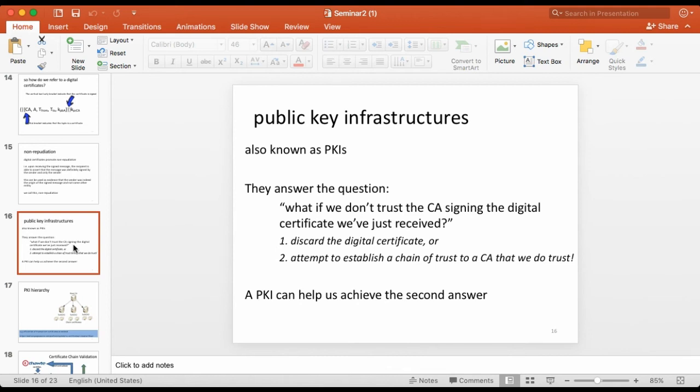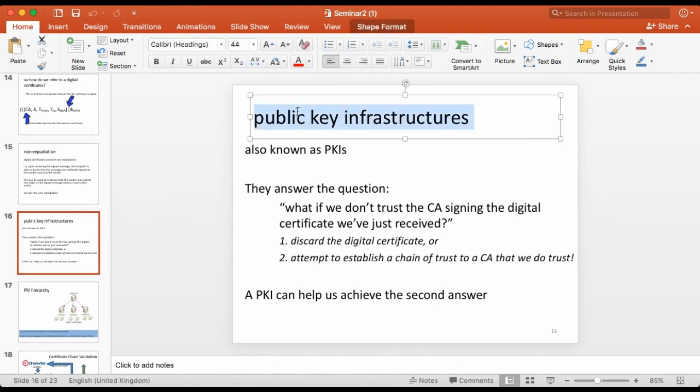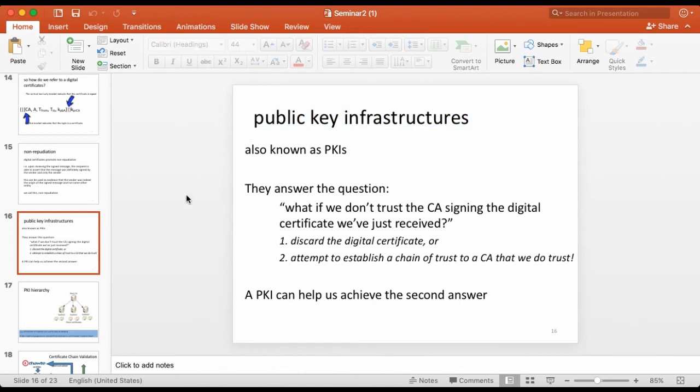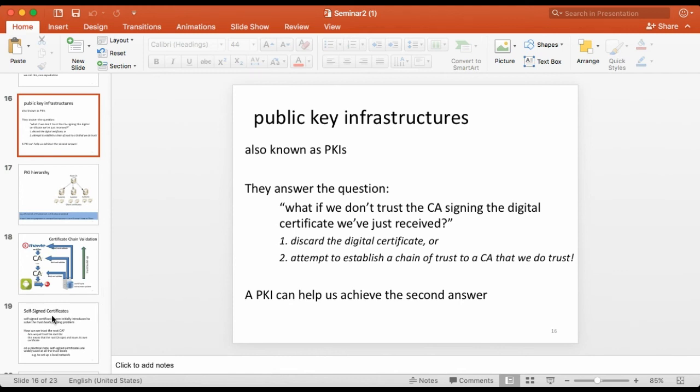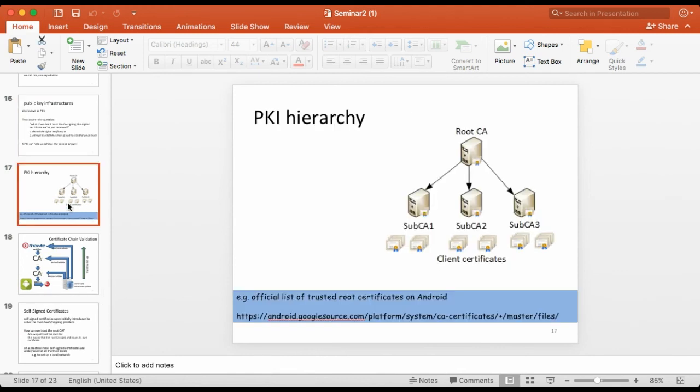So this basically leads us to what's known as a public key infrastructure, which allows the building up of this trust across various levels of the hierarchy.